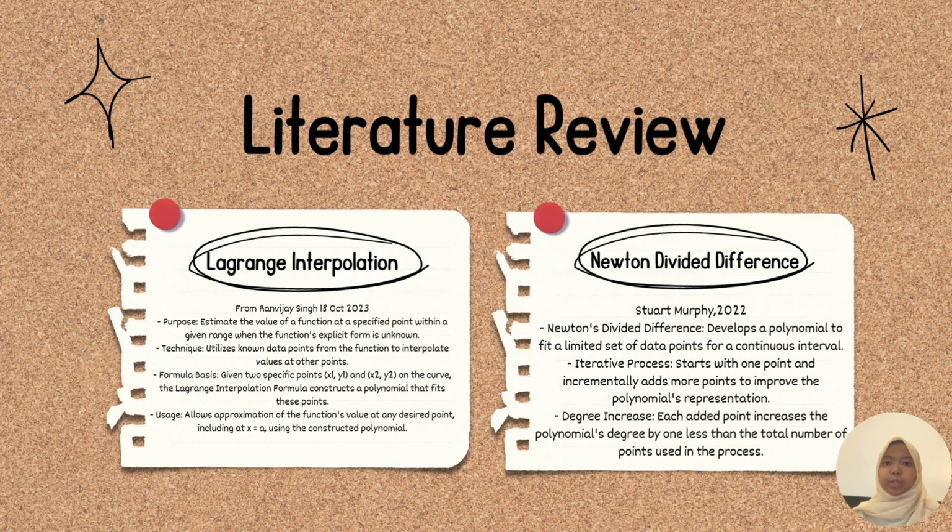Now I'm going to present to you about literature review. There are 3 points: the first one, Lagrange interpolation, second one, Newton divided difference, and the third one is natural cubic spline. Lagrange interpolation was written by Ran Vijay Singh on 18 October 2023.